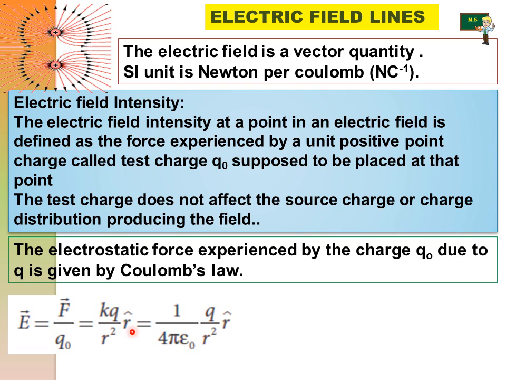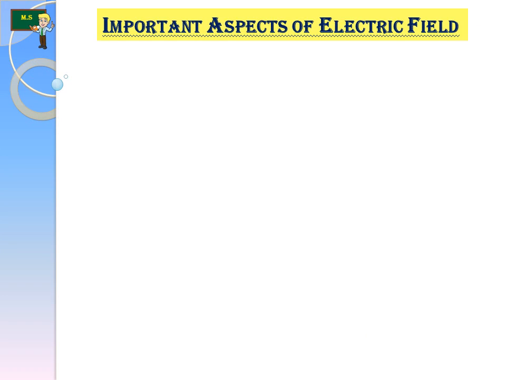That means this is the value of K, 1 by 4 pi epsilon 0. Or F is equal to K into Q Q0, because we add the test charge here, divided by R square into R cap, which is equal to 1 by 4 pi epsilon 0 Q Q0 divided by R square into R cap, where K is equal to 1 by 4 pi epsilon 0.